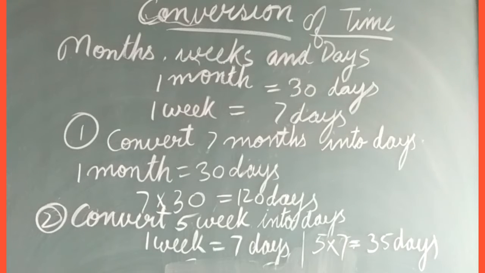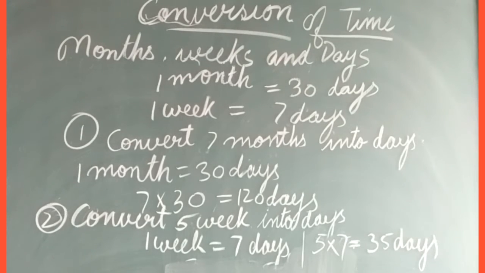What have you learned here? Today you have learned how to convert month, week and days. So 1 month equal to how many days? 1 month equal to 30 days and 1 week equal to 7 days. This you know. The first question is to convert 7 months into days.